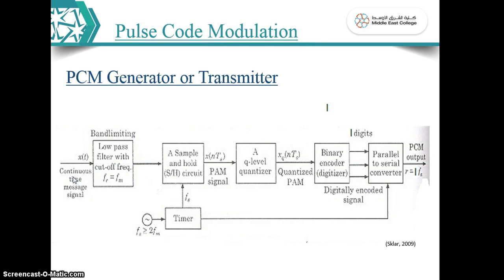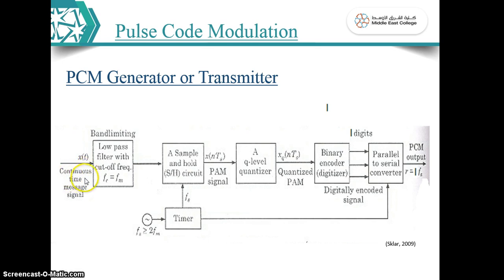If you want to properly reconstruct, a sufficient number of samples should be taken. We discussed the sampling theorem before: the sampling rate should be greater than or equal to 2 times FM. Then only will we be able to reconstruct. So we have to ensure the frequency of the message signal is FM.